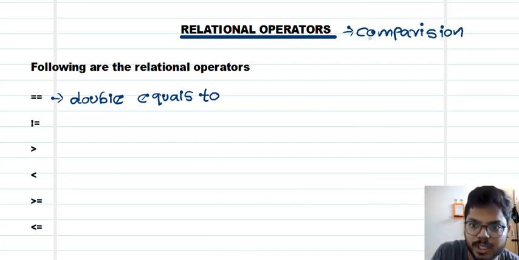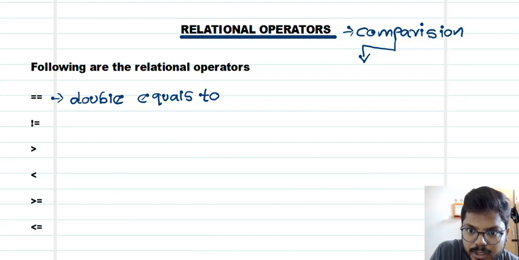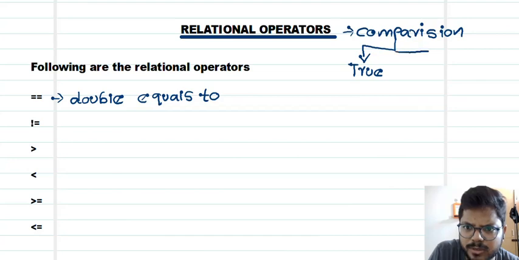In comparison, we will get only two types of values. The first value is true. The second value is false.